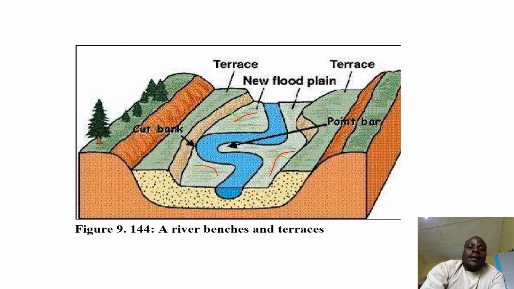So when you look at this bank of the river or after the floodplain, there are heaps of deposits that remain standing there, just like new terraces or benches. So these heaps of depositional materials that remain standing neighboring the floodplain or the river, in case the floodplain is not there, are called river terraces.